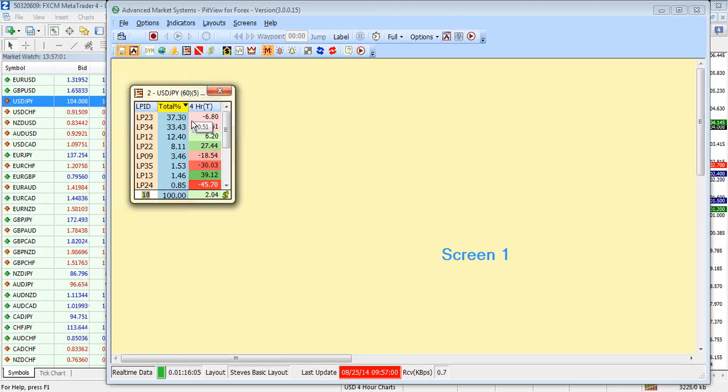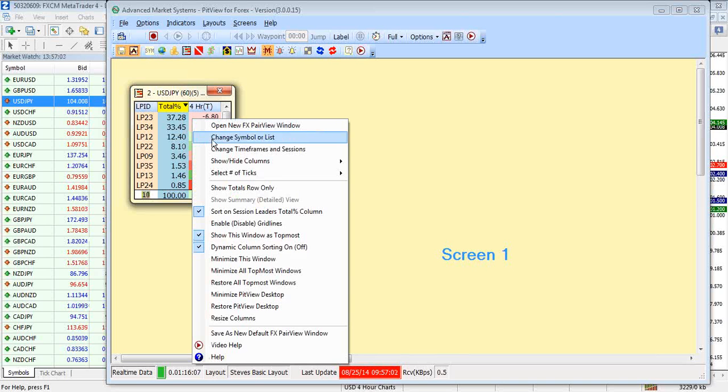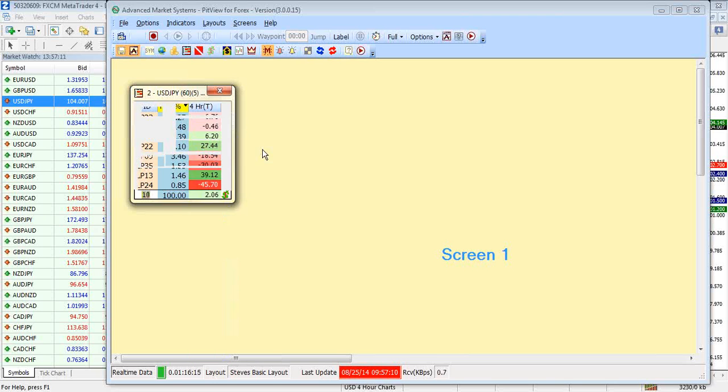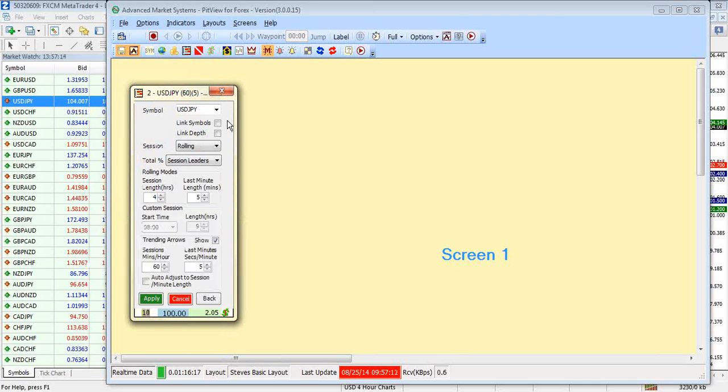Now to change it to 24 hours, what you do is you would right-click, and you see where it says change time frames and sessions. I'm going to click on that. And when you go into here, let me just show you something real quick.